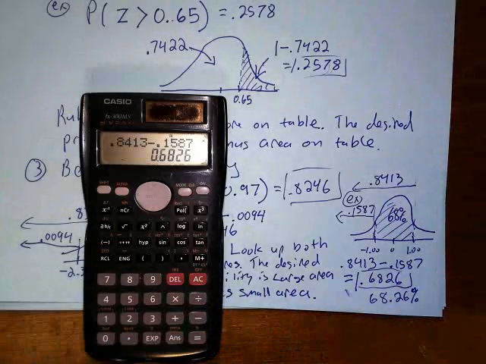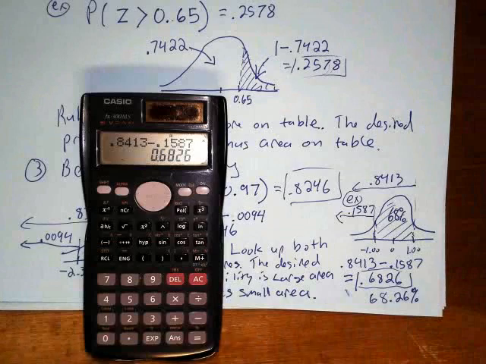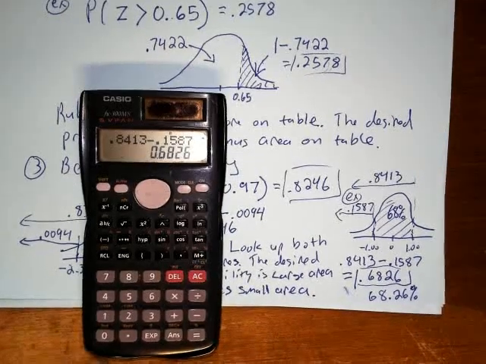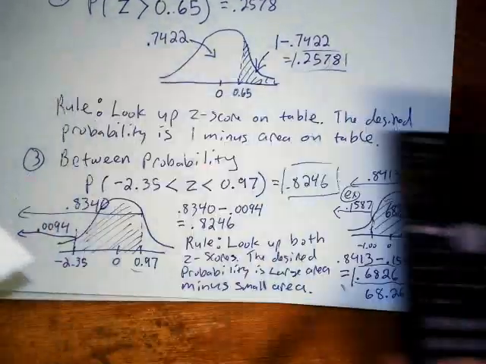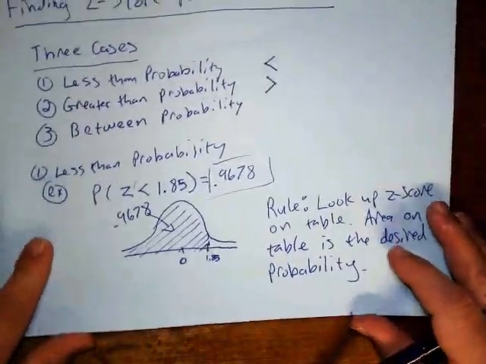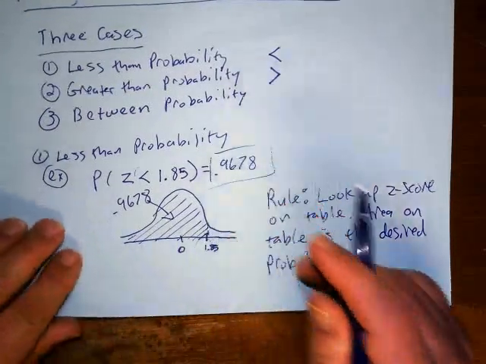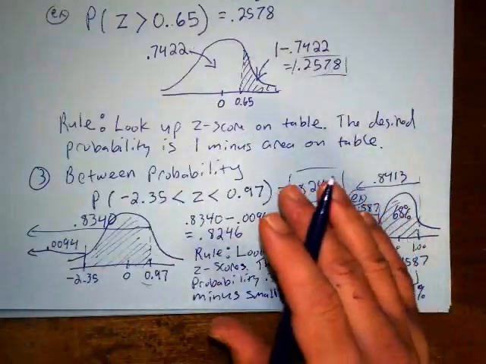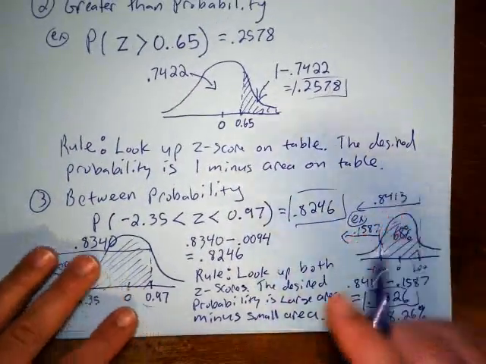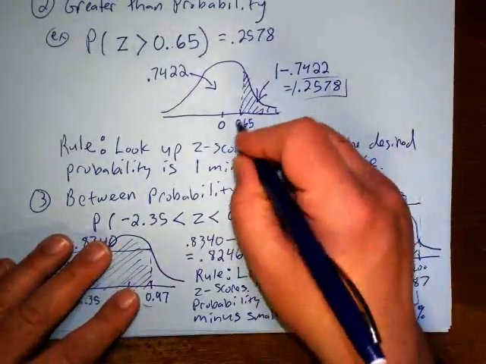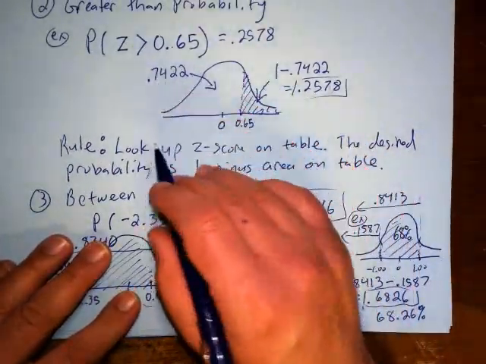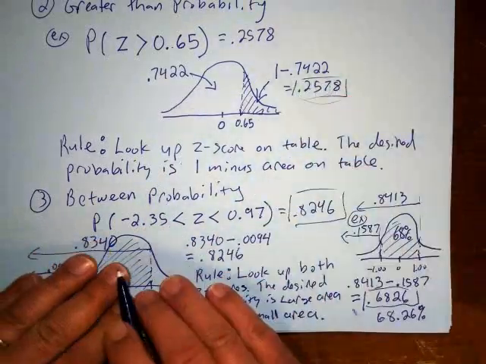Okay, so just a quick review. You have the three cases. For a less than probability, you just look up the z-score, and the area on the table is the desired probability. For a greater than probability, you look up the z-score, which gives the area below it, so to get the area above it, you subtract from 1.